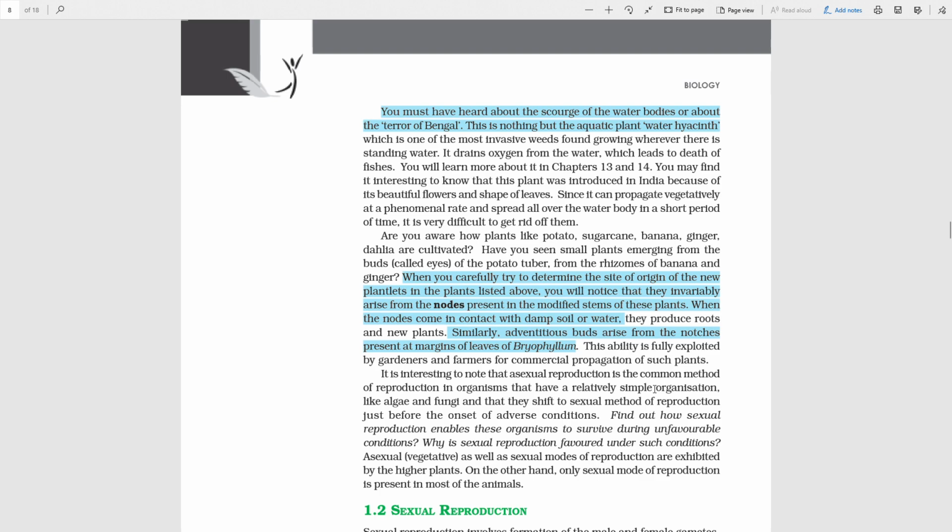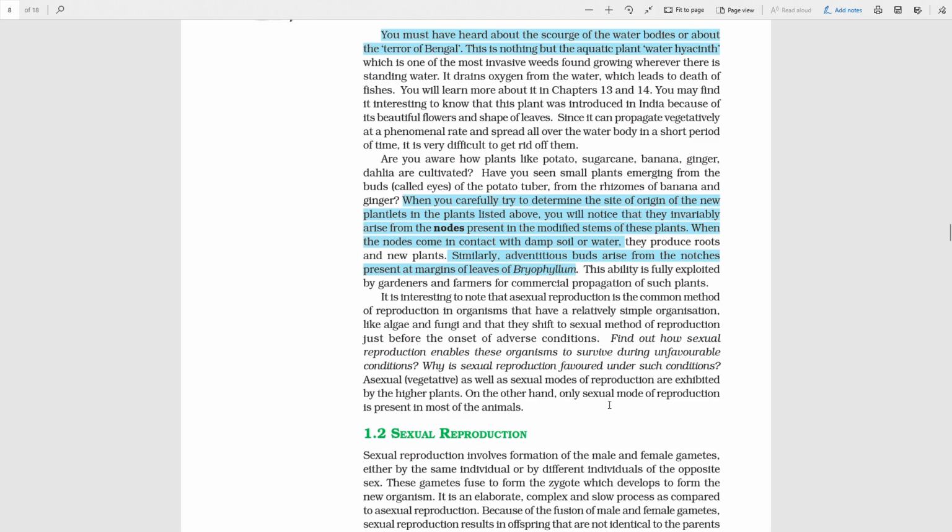It's because we exploit their ability to produce some useful things. So here also, to grow plants like bryophyllum and potato, they take out their vegetative propagules and go on cropping them, which will lead to an increasing number of plants.